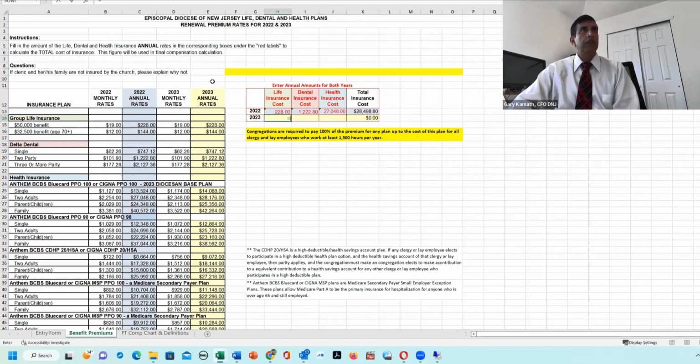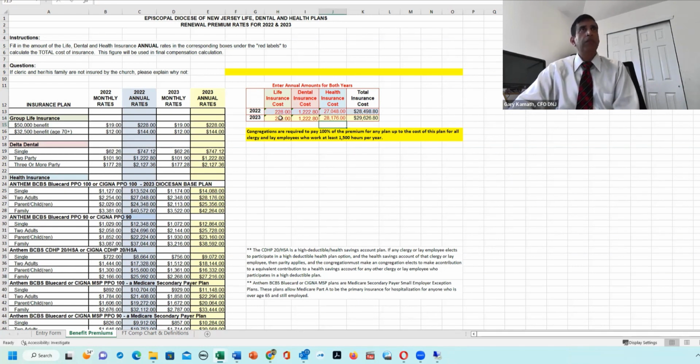For 2023, for the 50,000 benefit, the 2023 annual rate is $228. And here the two party for 2023, and health insurance the same way, two party for 2023.